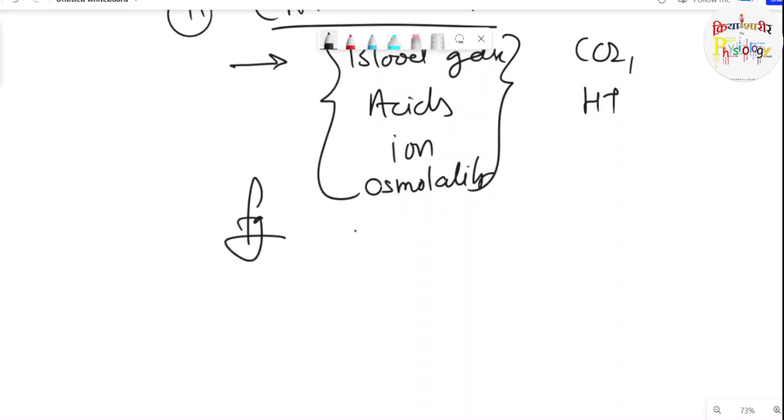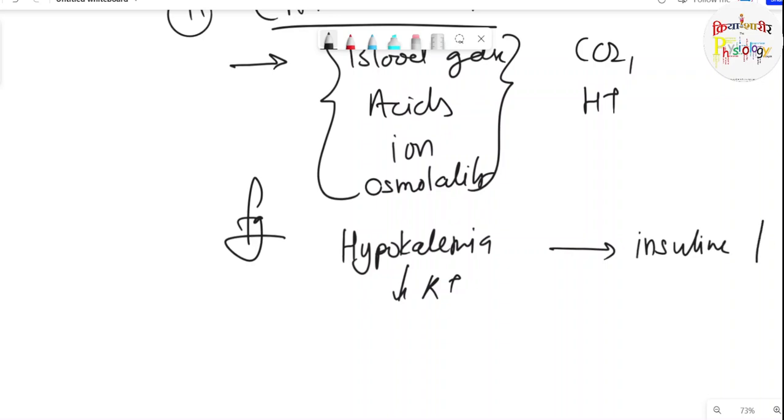The examples are hypokalemia, meaning decreased potassium ion concentration, which leads to insulin inhibition. If hypokalemia occurs, it will lead to insulin inhibition. Second example is hyperkalemia or hyponatremia.